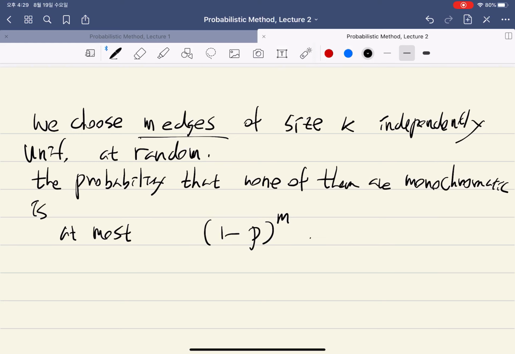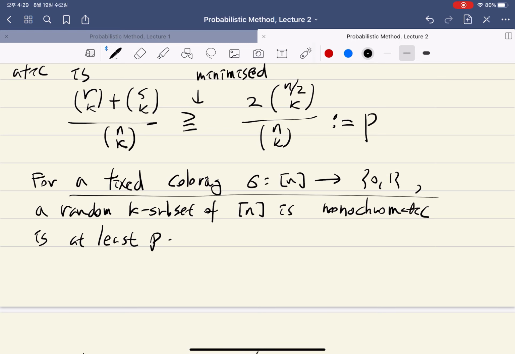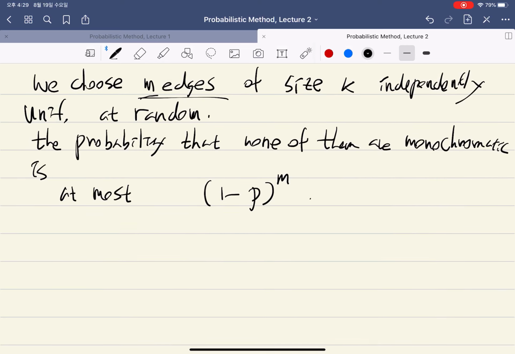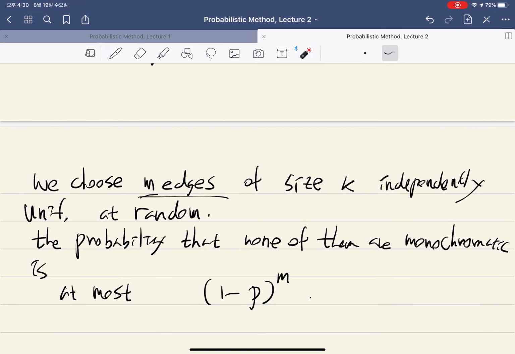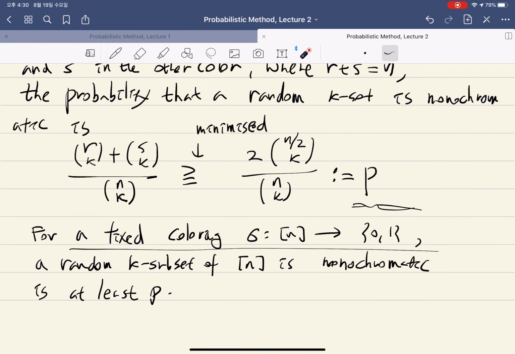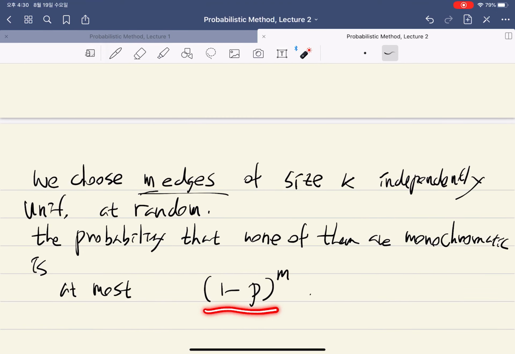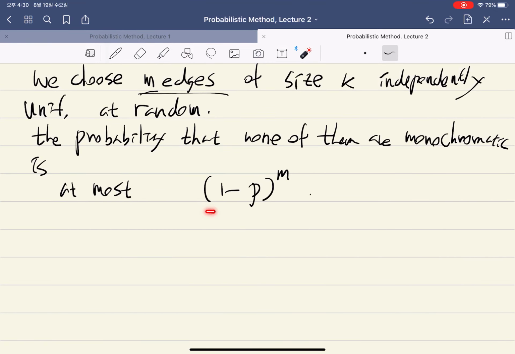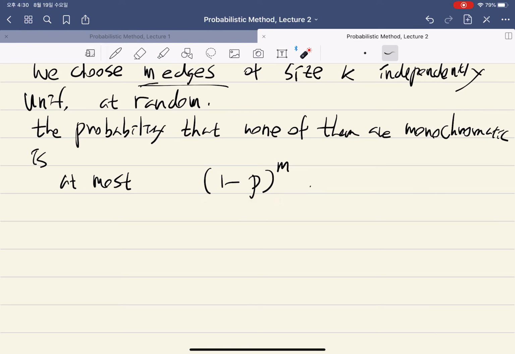Each edge must avoid this bad event, which happens with probability at least p, so each edge can avoid it with probability at most 1 minus p, because this is a lower bound for the bad event. So this is an upper bound for the good event. And then you do it m times independently.